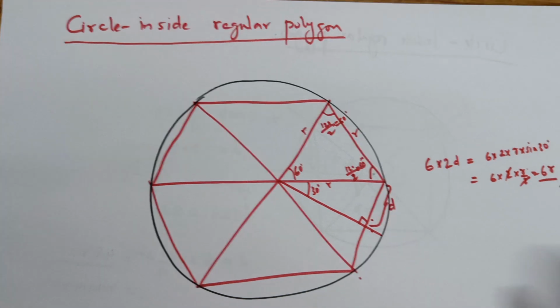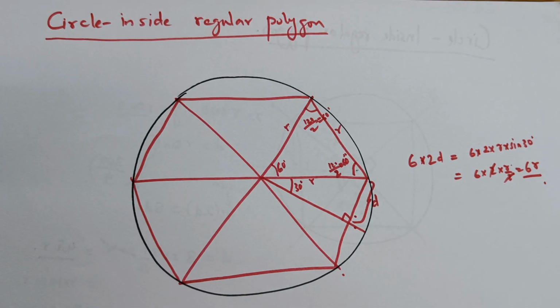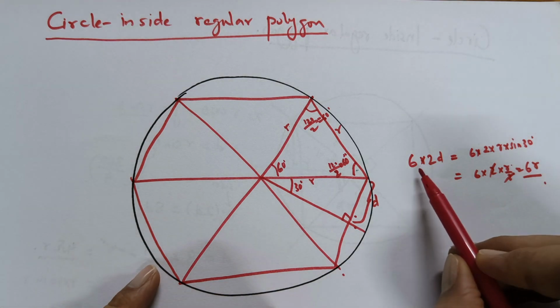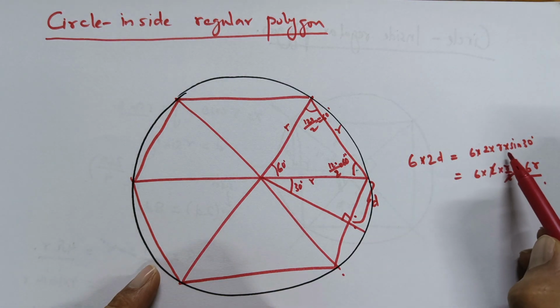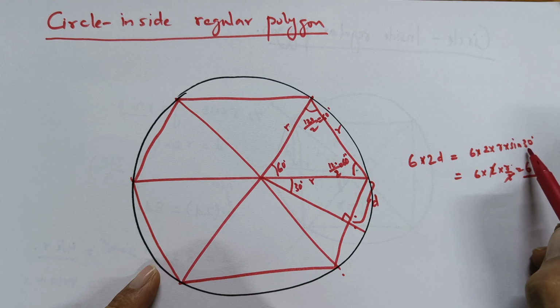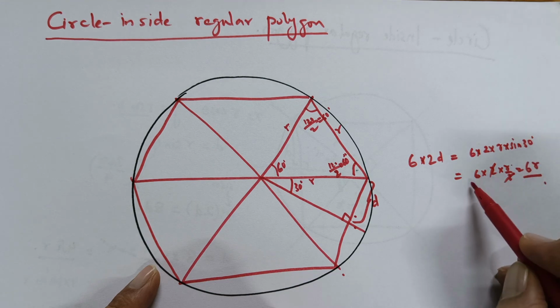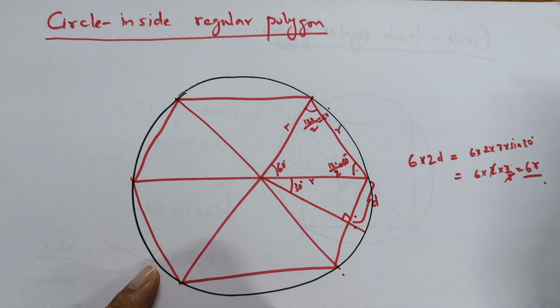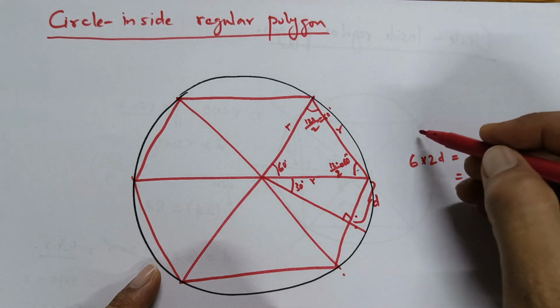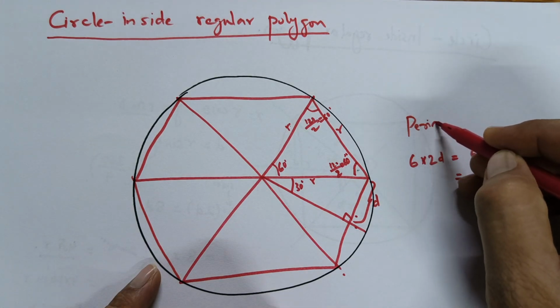So 6 times 2 times r sine theta, sine 30 degrees is half. So 6 times r. So it's working out. Good. So the perimeter is working out.